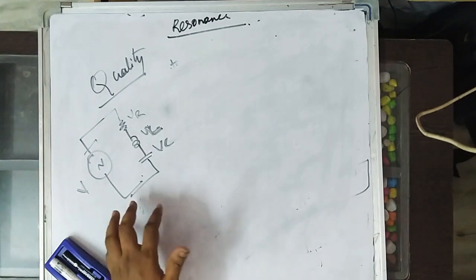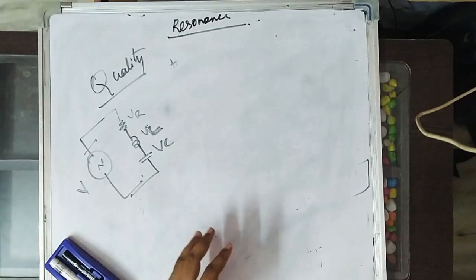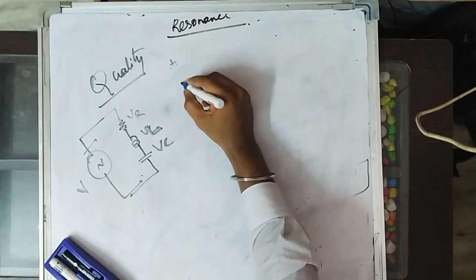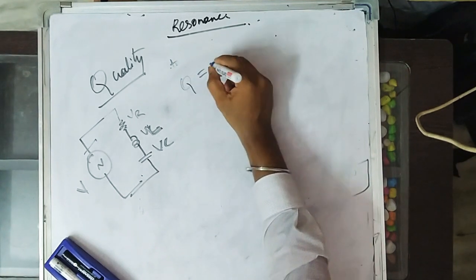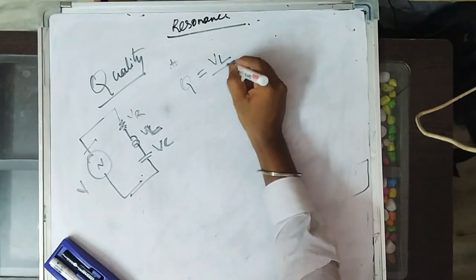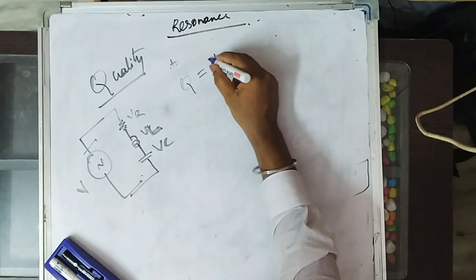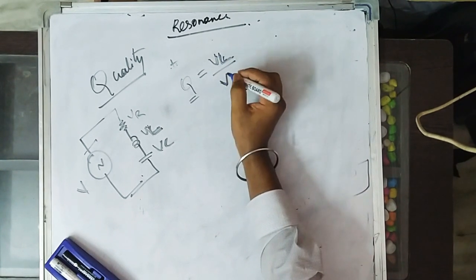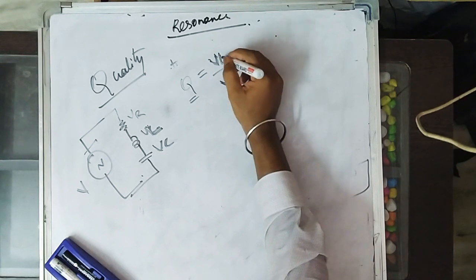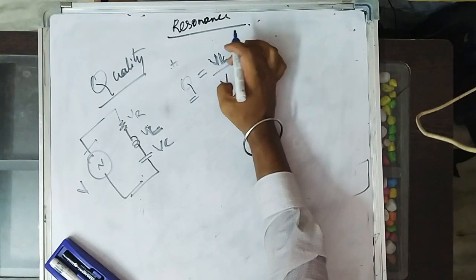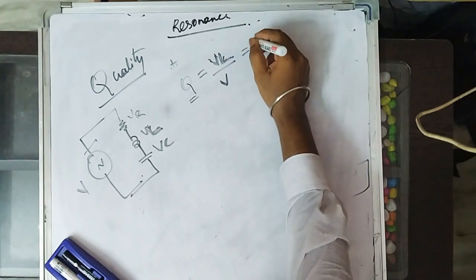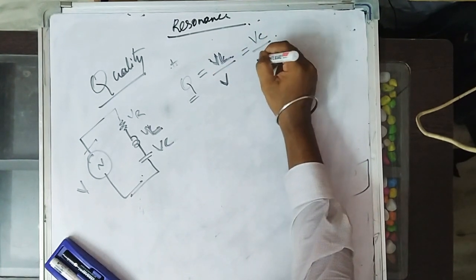For this RLC series circuit, the quality factor may be defined like this. Quality factor is defined as the voltage across VL divided by the input voltage. Based on this ratio, the quality factor is decided. That means the voltage across the inductor with respect to the input voltage is the quality factor. Or else we can take the voltage across the capacitor with respect to the input voltage.